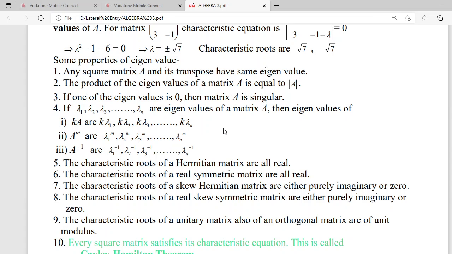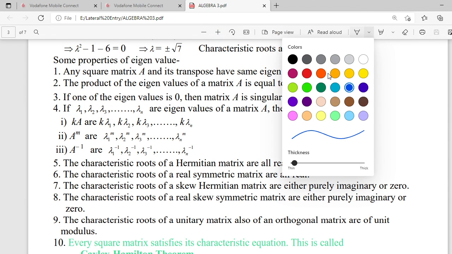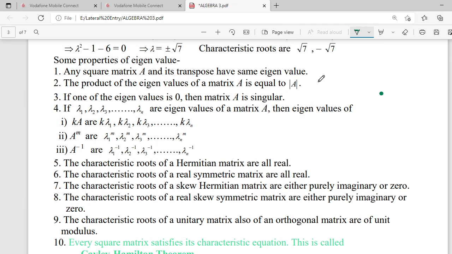And one thing you know these things, but I can show it. Suppose A is a matrix equal to, for simplicity I am considering only this one, 6, 2, minus 1, 5.